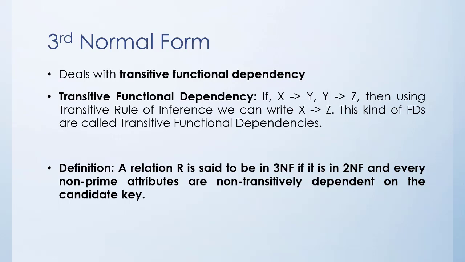If there is a transitive functional dependency of a non-prime attribute on the candidate key, then the relation is not in 3NF, and if there is no such dependency, then it is in 3NF. Now let us take some examples and see how we can use the definition of 3NF to determine whether a relation is in 3NF or not.